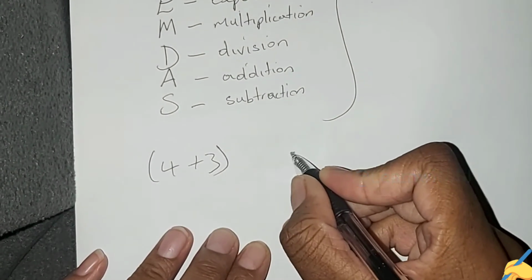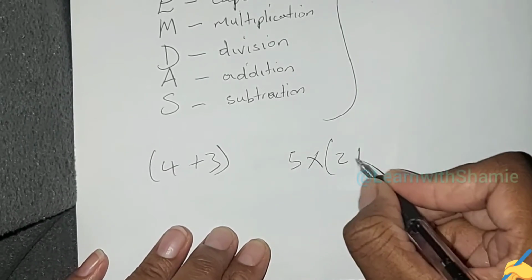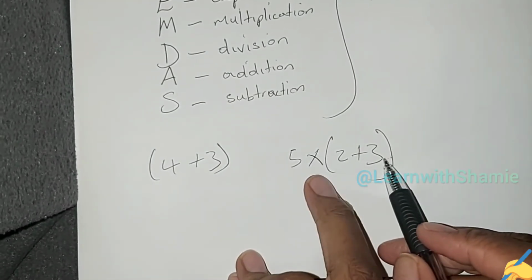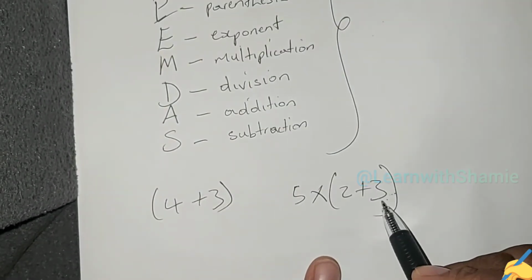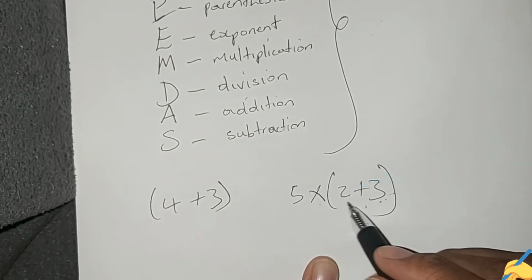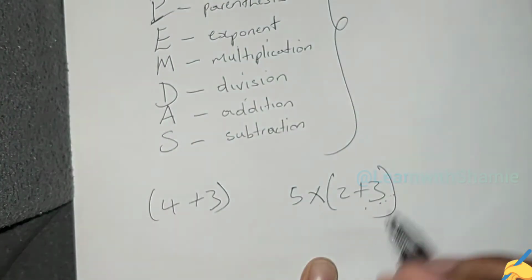So for example, we have the equation 5 times (2 plus 3). In order to solve this equation, using the rules, we first get rid of the parentheses, whatever is inside the parentheses, because it's the first rule.